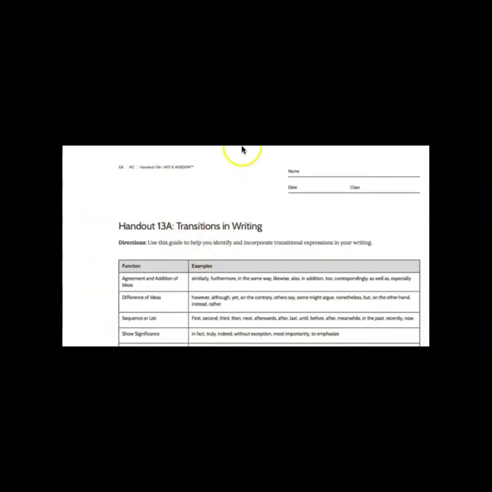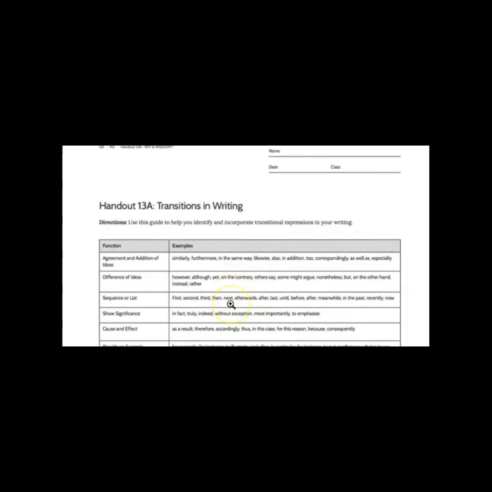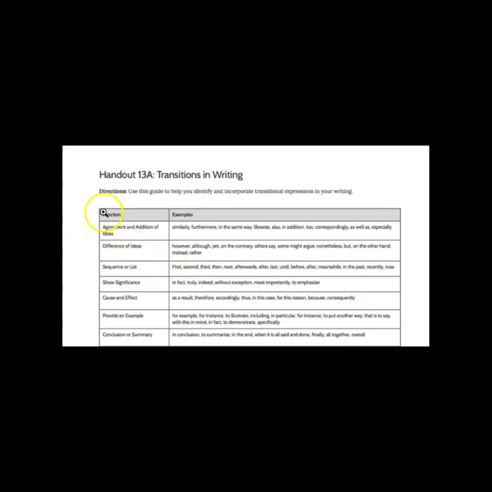So let's look at the workbook page that you're going to have to do. The directions say to use this guide to help you identify and incorporate transitional expressions into your writing. If you are looking here, you have function and examples.